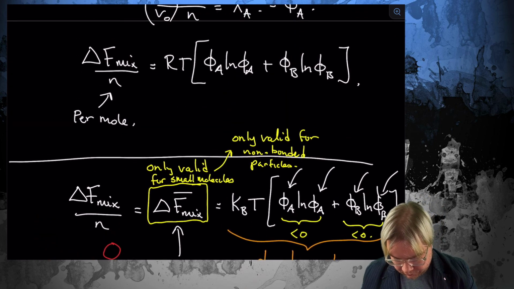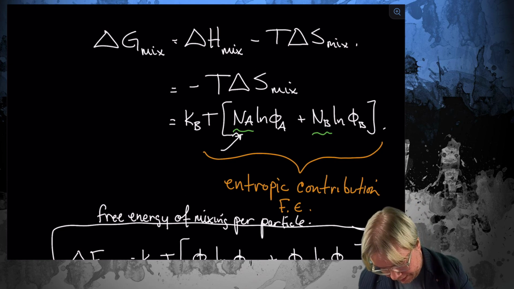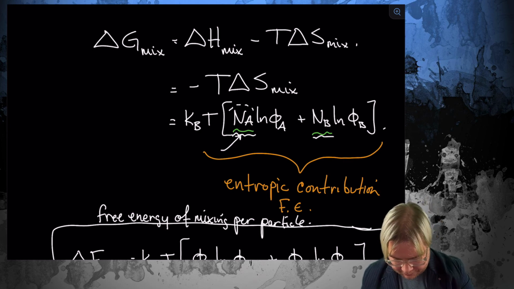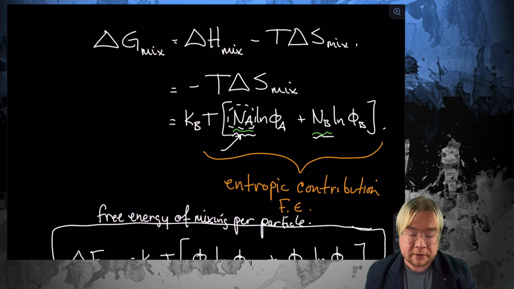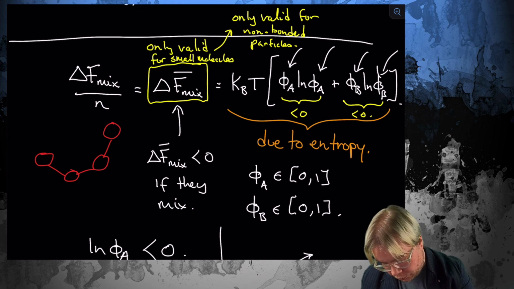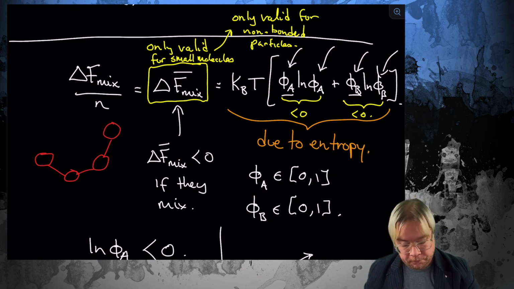We have to take into account, let's say in this expression right here, that the number of A particles, yeah, here it's capital Na, but this is why you have to think and read into what your equations are telling you. The number of A particles will not just be this, it'll be this number Na divided by the degree of polymerization. So you can see that that's going to change our expression. We're going to have to divide phi A and phi B by the length of the chain so that we get the proper balancing of those terms.